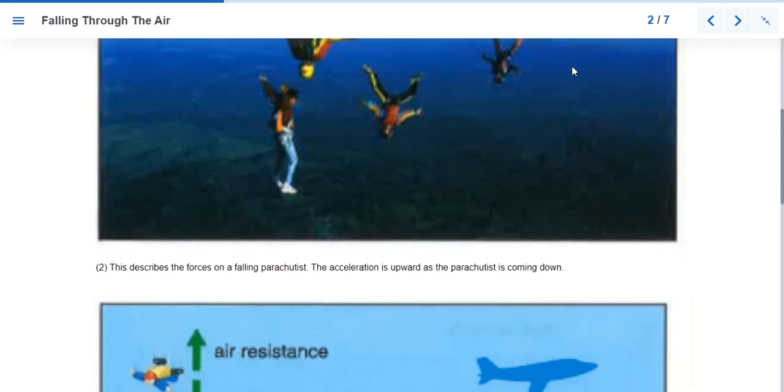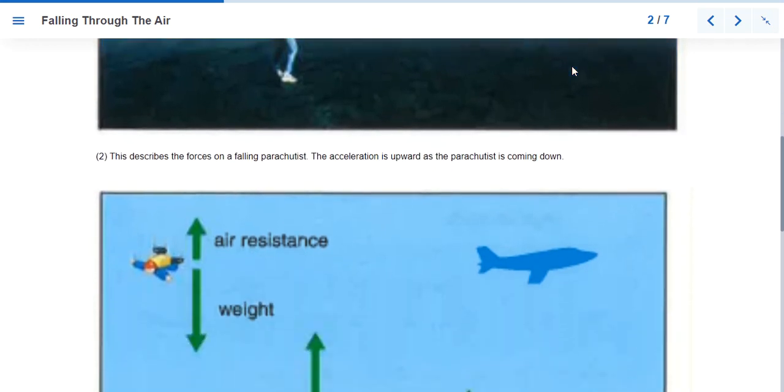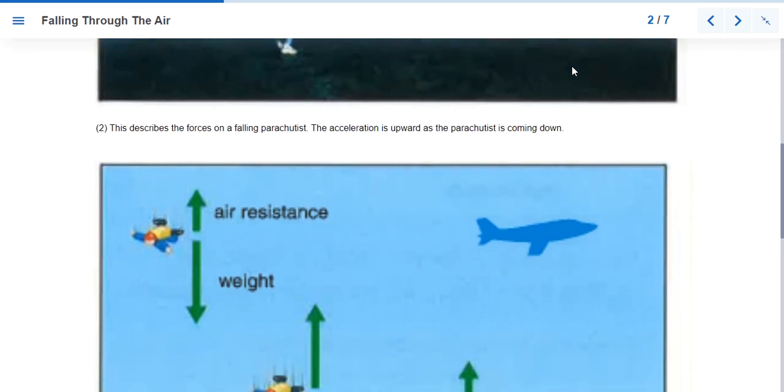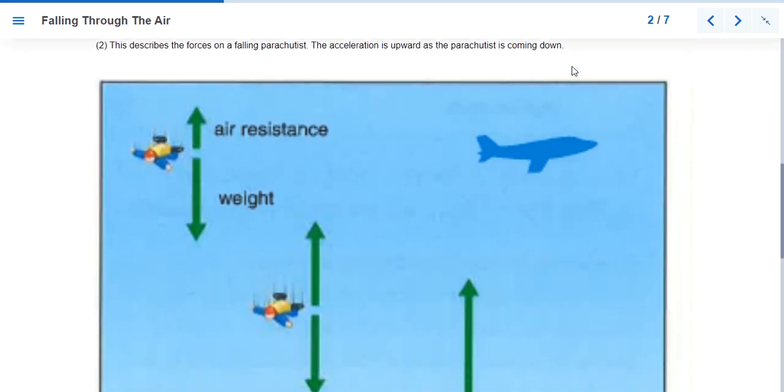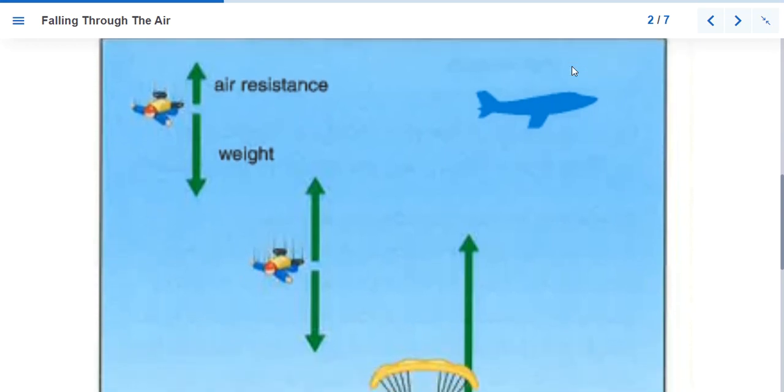So, this describes the forces on a falling parachutist. The acceleration is downward as the parachutist is coming down. Air resistance acts upward, weight acts downward. But at a certain time, the air resistance and the weight become equal.